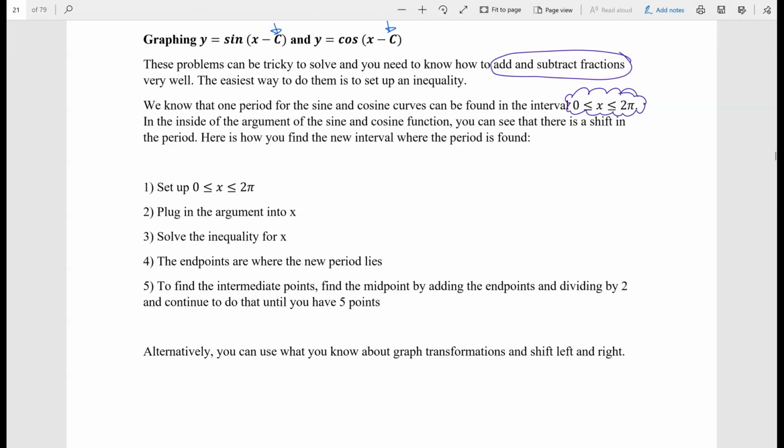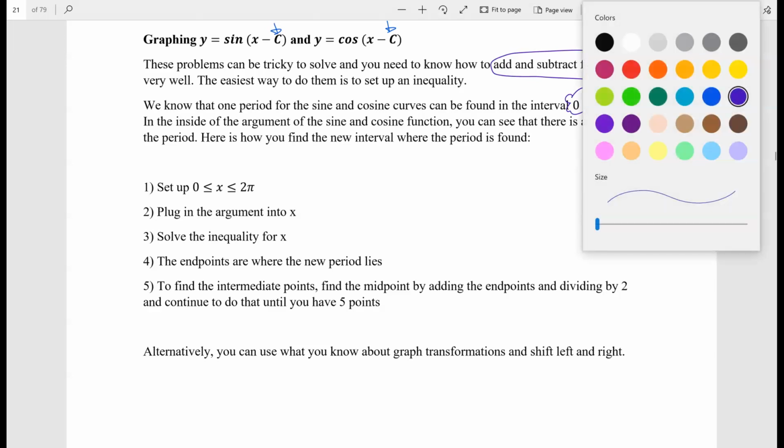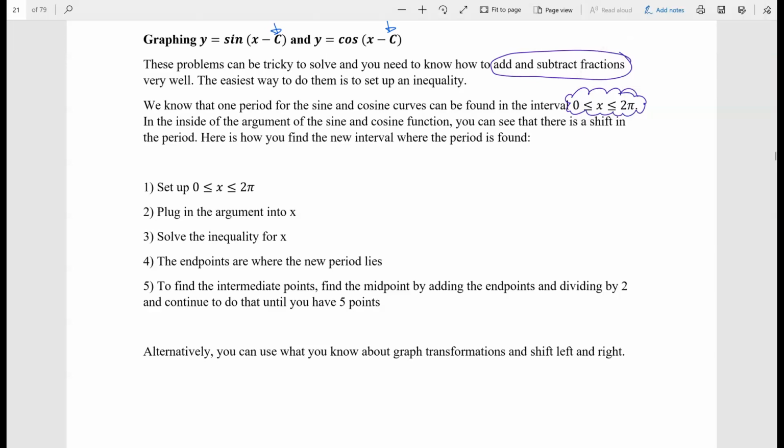The inside of the sine and the cosine function, this x minus c, is what we call the argument. Whatever that is, you plug in the inside, and then you solve for x. That will tell you where the new interval of the period is.